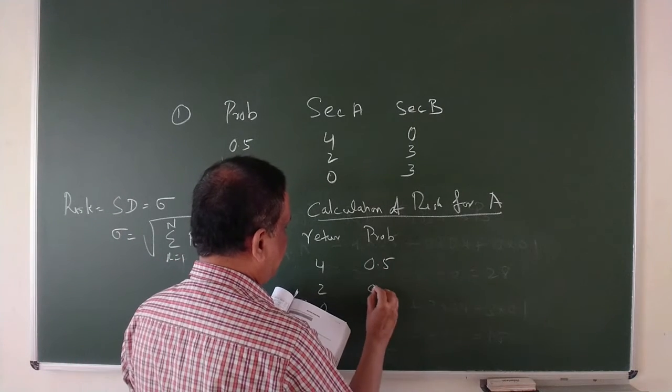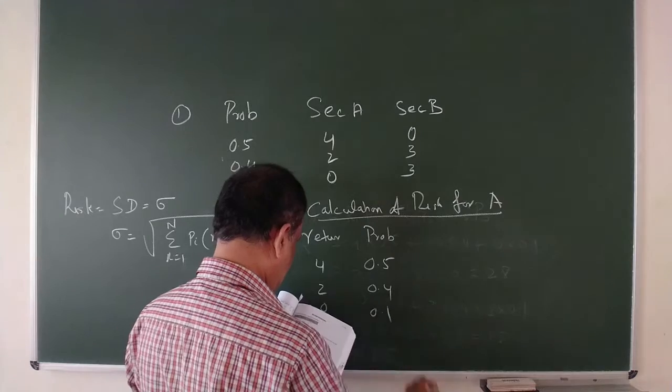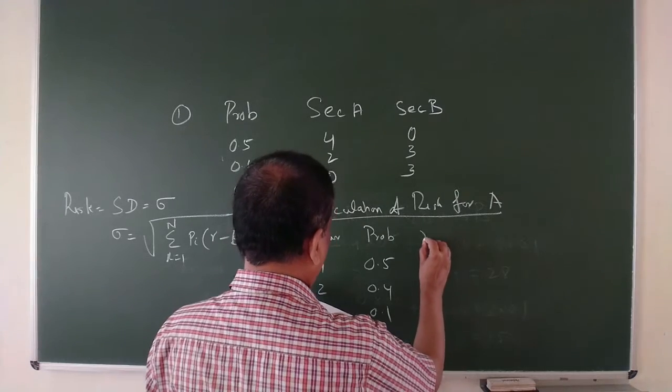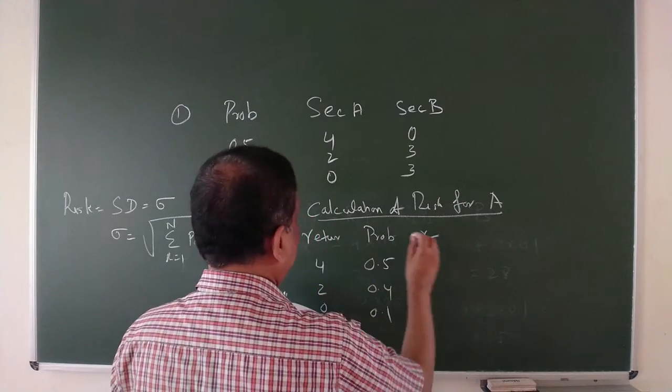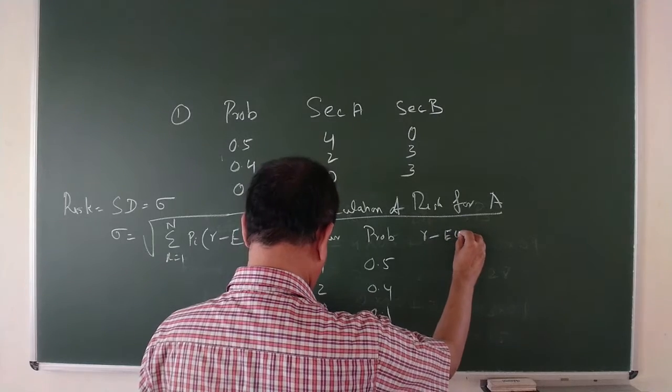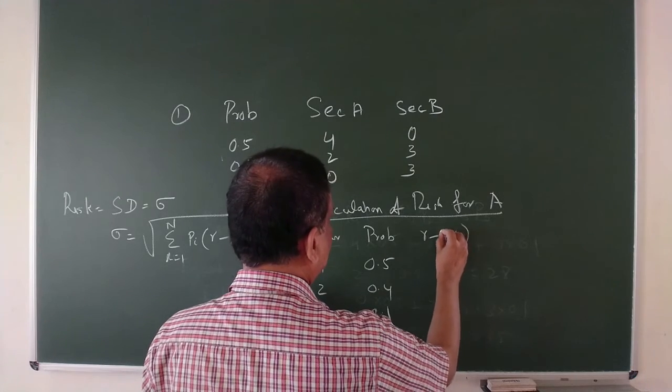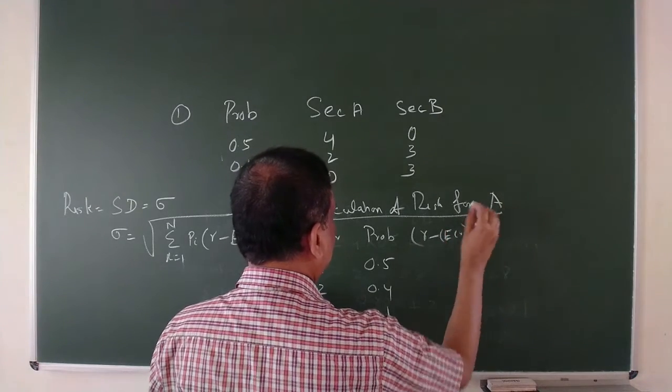The next term is R minus expected R, whole square.